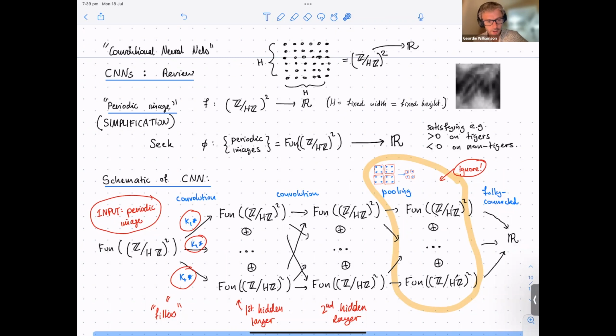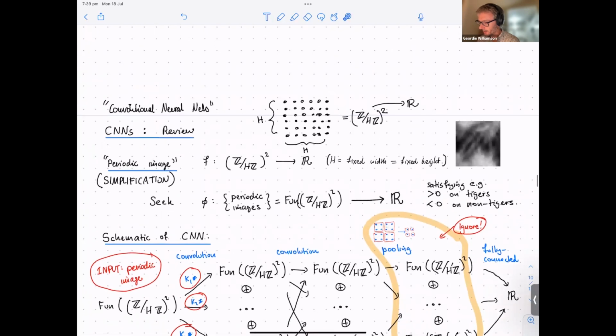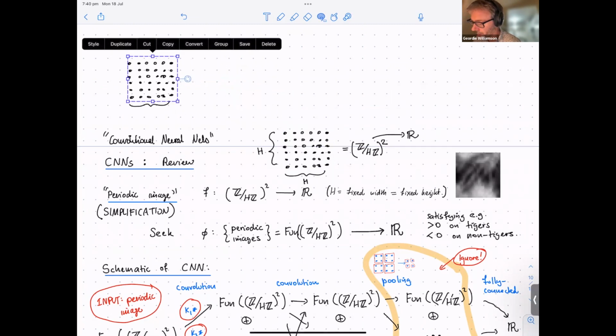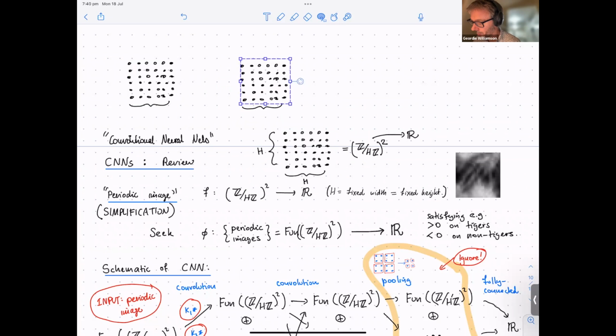Okay. So what makes the dimensions remain constant in the place of locality and equivariance? Maybe I can try to explain that in the following way. So imagine here fully connected.